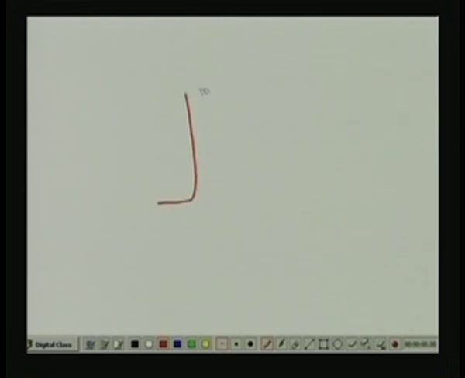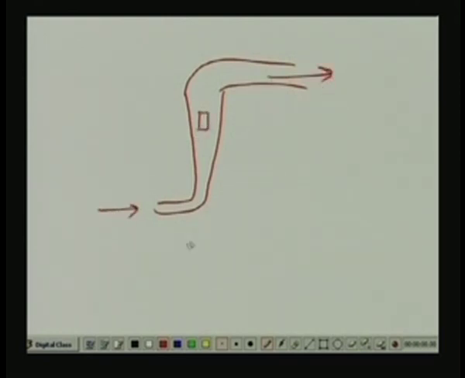Other applications of LVDT, if I look at, we have seen the rotameter in many places. So, we have a channel like this one. So, the float is here. The flow is in this direction, it is coming out in this direction. So, what they do with a grommet sealing, they connect a core here, similar, two secondaries in opposition.